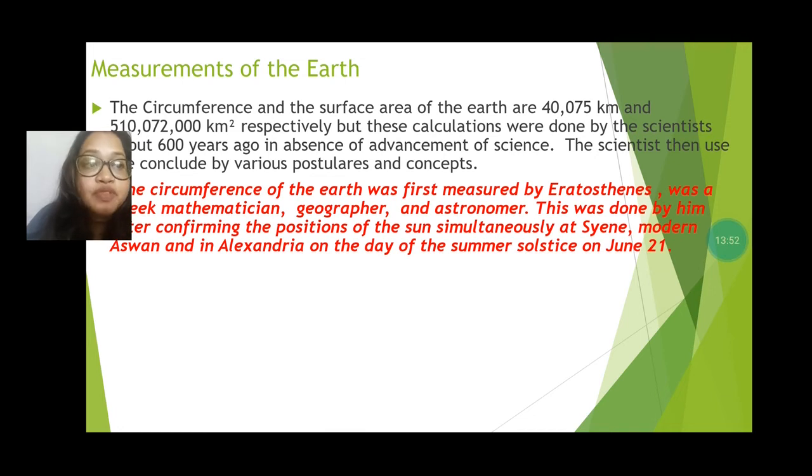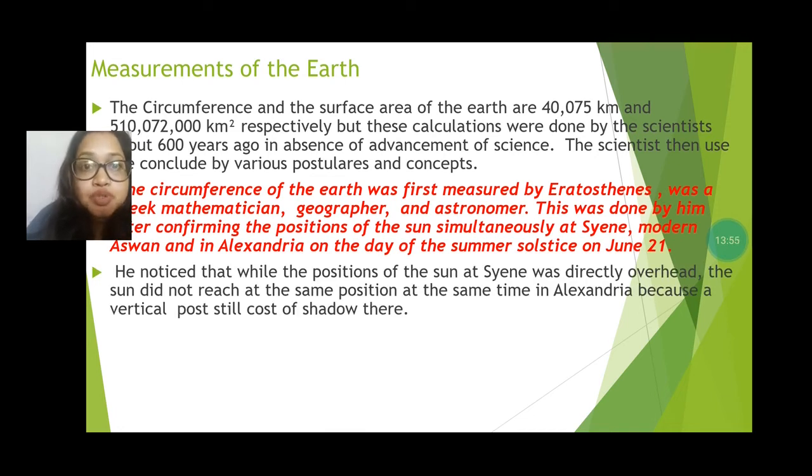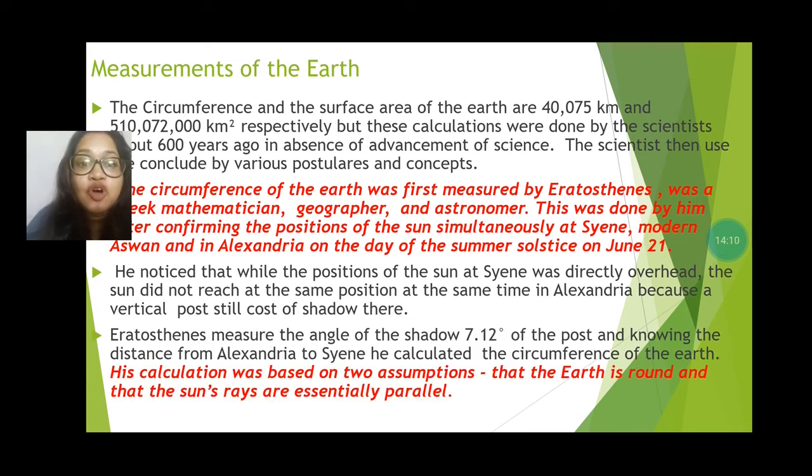On the day of the summer solstice, which is June 21st, he first noticed that the sun at Syene was directly overhead, and the sun did not reach the same position at the same time in Alexandria, because of the vertical posts casting a shadow. Eratosthenes measured the angle of the shadow, 7.12 degrees from the post, and knowing the distance from Alexandria to Syene, he calculated the circumference of the earth.